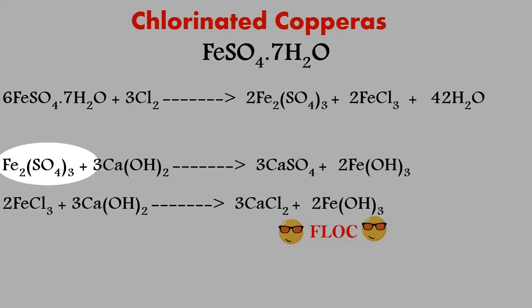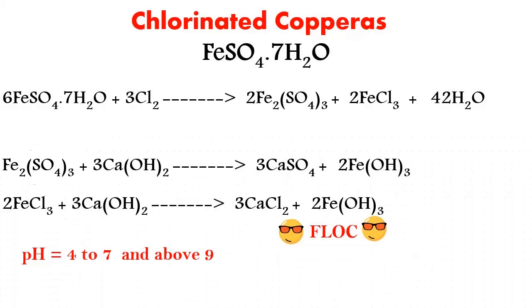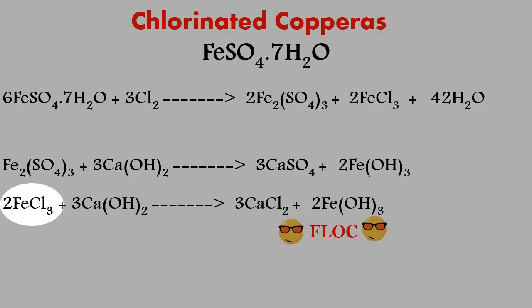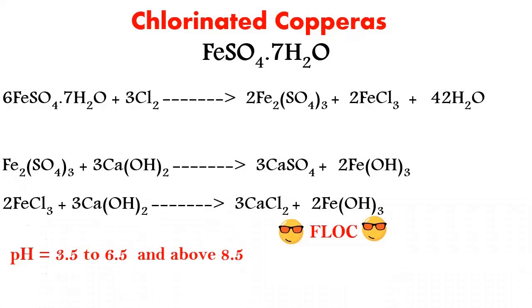Ferric sulfate is quite effective at pH 4 to 7 and above 9, whereas ferric chloride is effective when pH is 3.5 to 6.5 and above 8.5. The combination has therefore proved to be a very effective coagulant for treating low pH water. Understood?